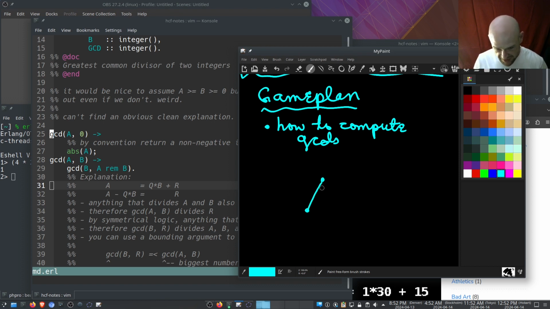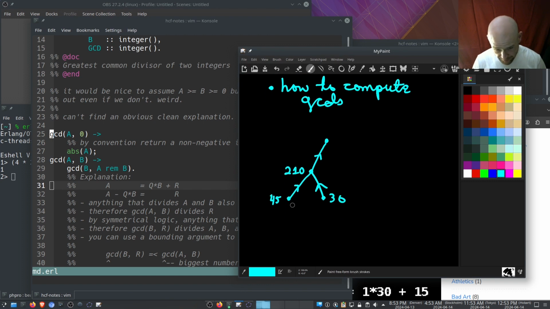So just as an example, we have 210 here, and we'll just point to the bigger number. 45 and 30 both divide 210, and 15 evenly divides both 45 and 30. So greatest means the biggest number with respect to this ordering.